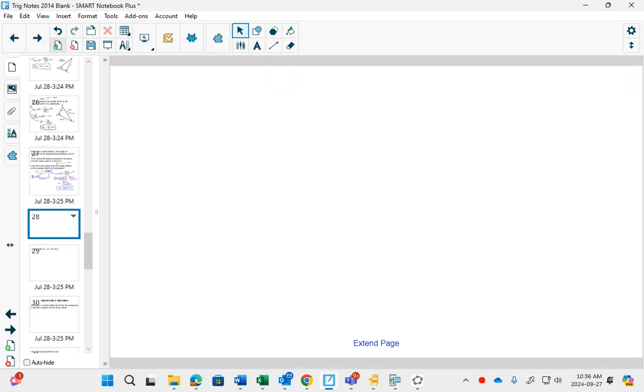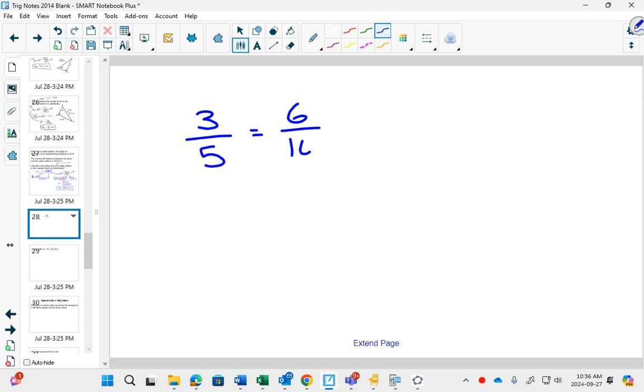Anyways, I wanted to show you some stuff with fractions. So, would you agree that 3 over 5 is equal to 6 over 10? Those two fractions are the same. Now, you could play around with multiplying. Like, I could multiply both sides by 10 and divide both sides by 3.